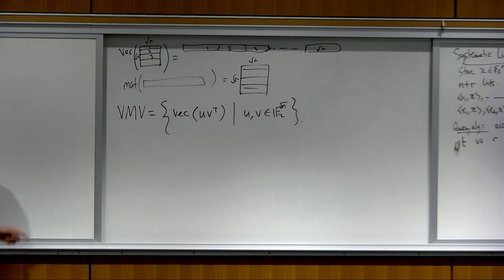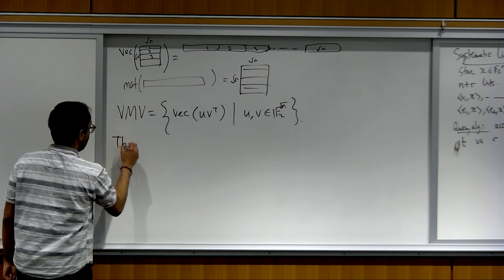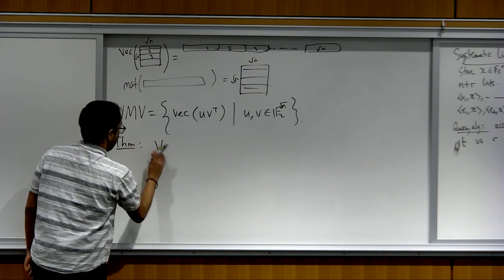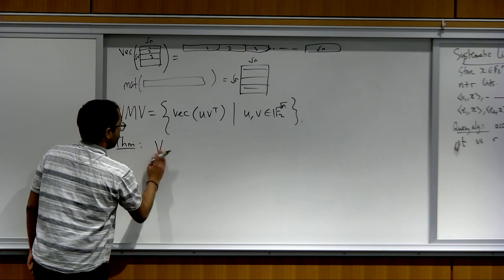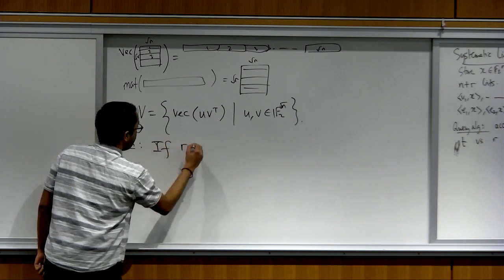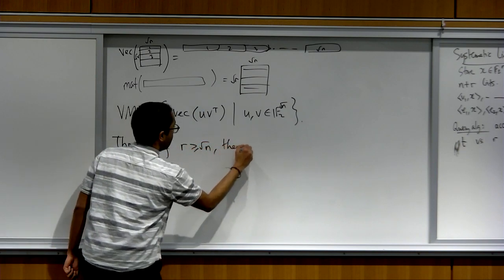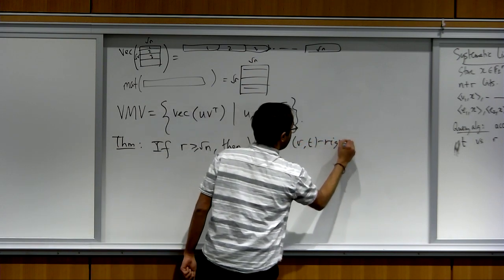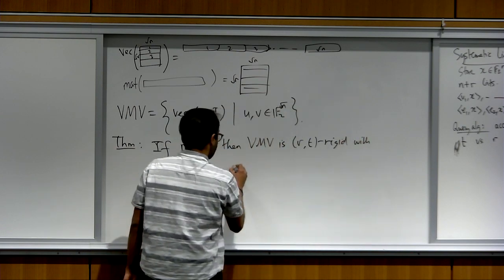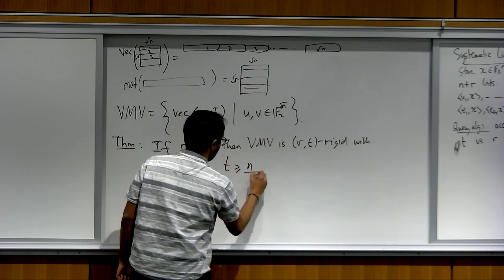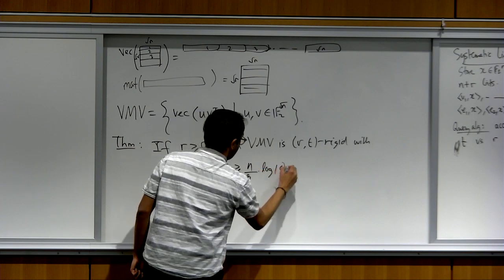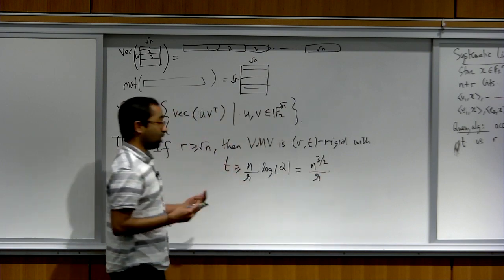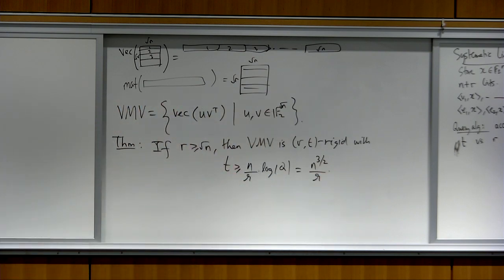What I'm going to show you is the theorem, which also works with the Cyrus: if R is at least square root n, then VMV is RT rigid with T at least n over R times log Q, which is n to the 3/2 over R. I'm ignoring some constants here.